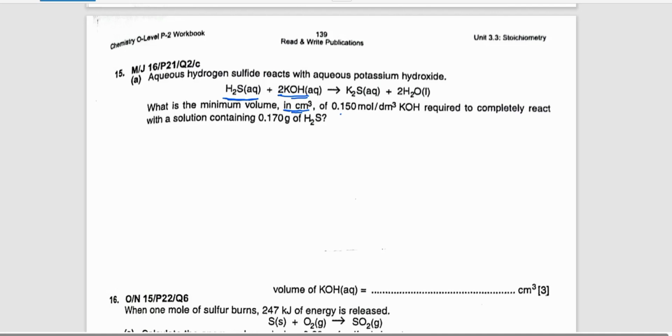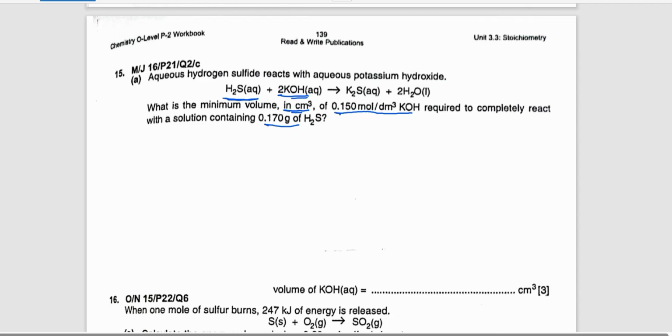We have been given its concentration of KOH. To completely react with 0.170 gram of H2S, comparing reactant with reactant. So the volume in cm cube of KOH is required. We need to know the volume, and we have been given the concentration.